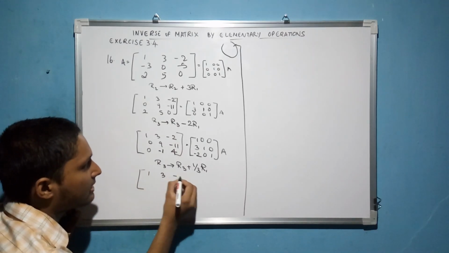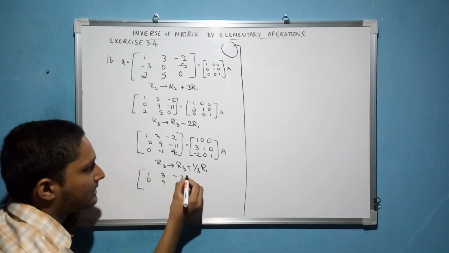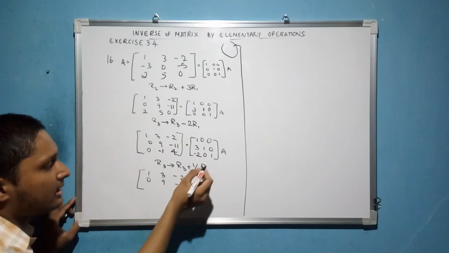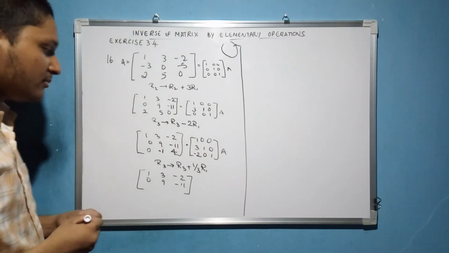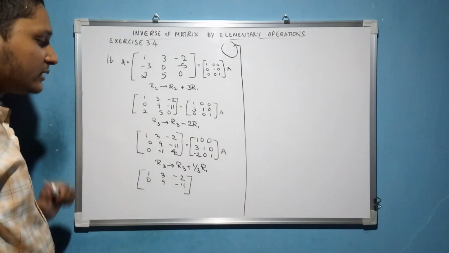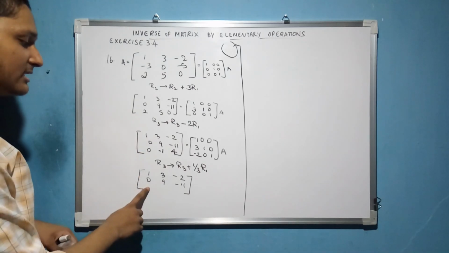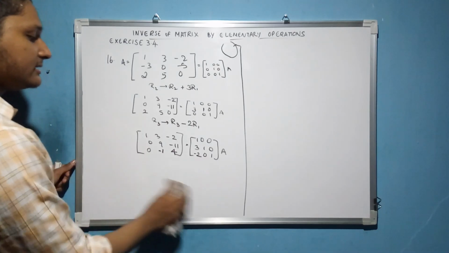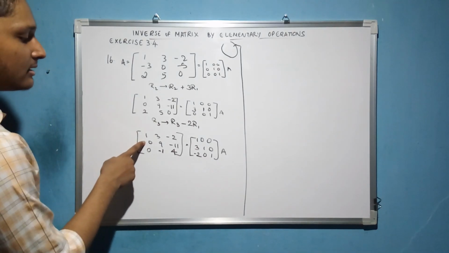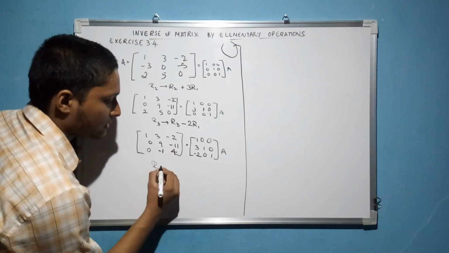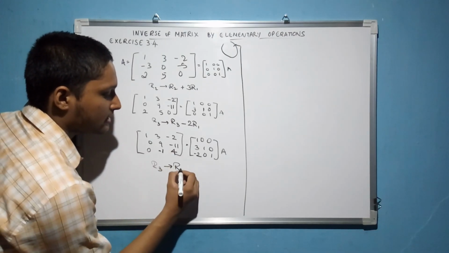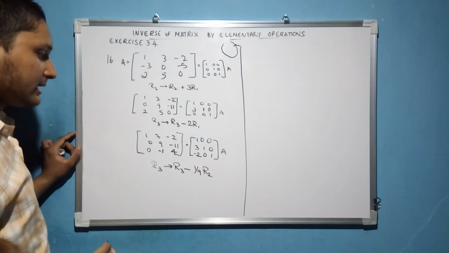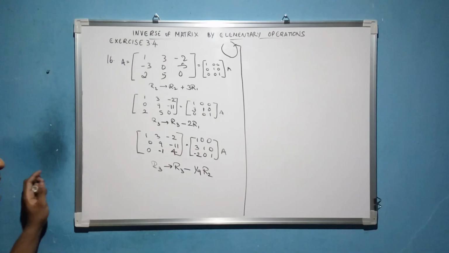But maybe I cannot use that, because if I consider this, it is going to be 0 plus half. So this 0 is disturbed over there. So we need to consider only the second row, because there is one 0 here. I cannot go with the first row. So it is going to be R3 minus 1 by 9 times R2. Okay, 1 by 9 times R2. So we'll see what we are going to get here.